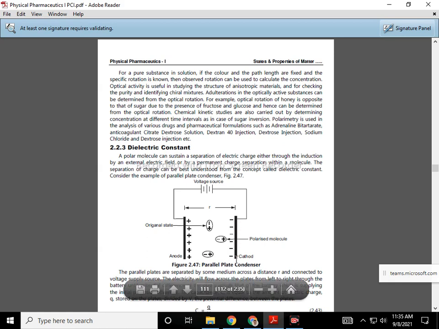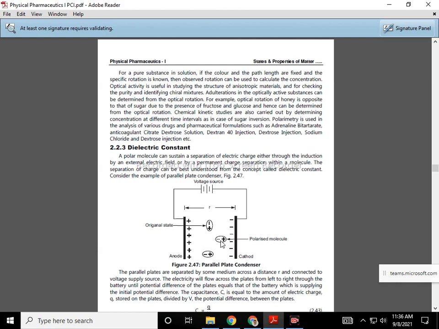The two plates are away from each other by a certain distance. What we have done is place the sample in between these two plates. Here our sample may be water.